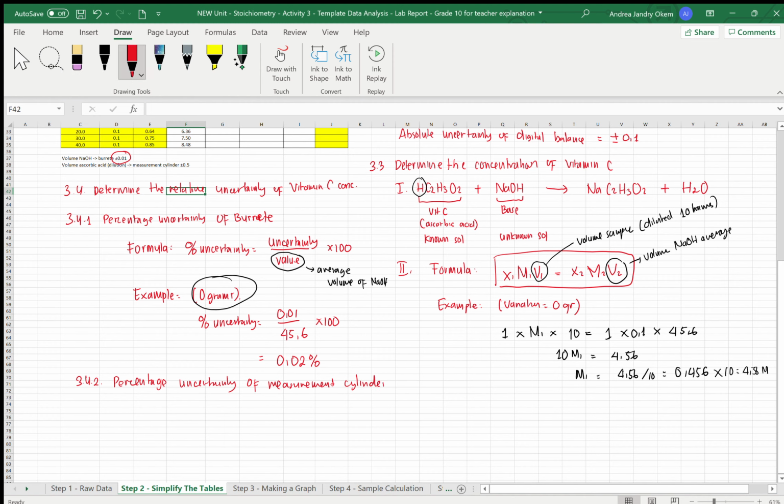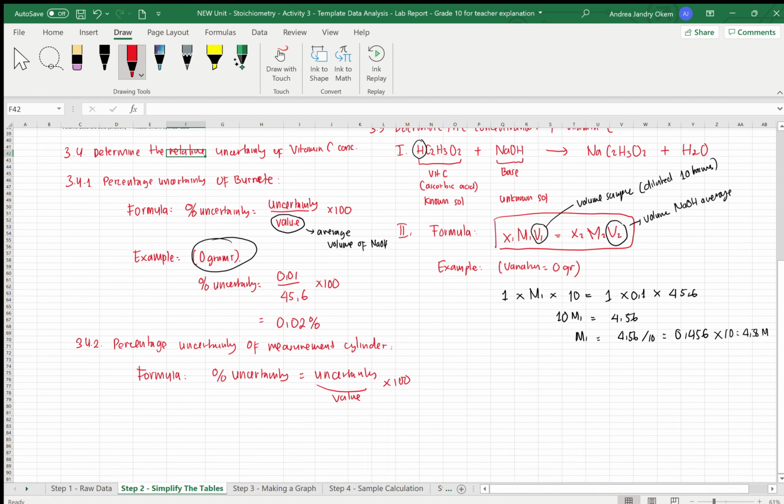Cylinder. Now, the first thing that we need to do is put the formula. So we put percentage uncertainty equals uncertainty over value and then multiply by 100.